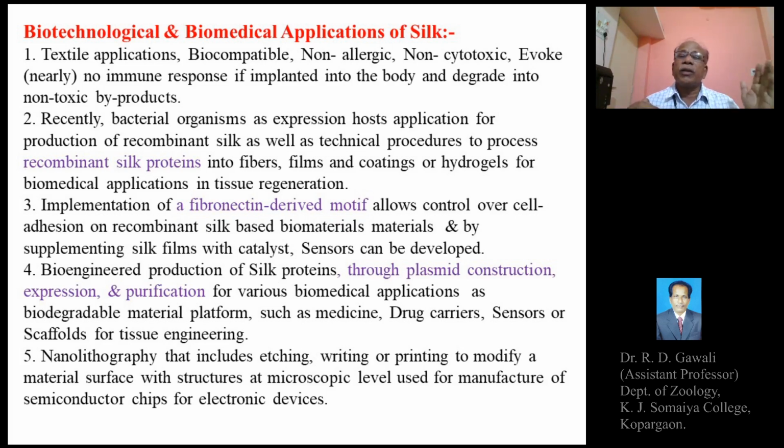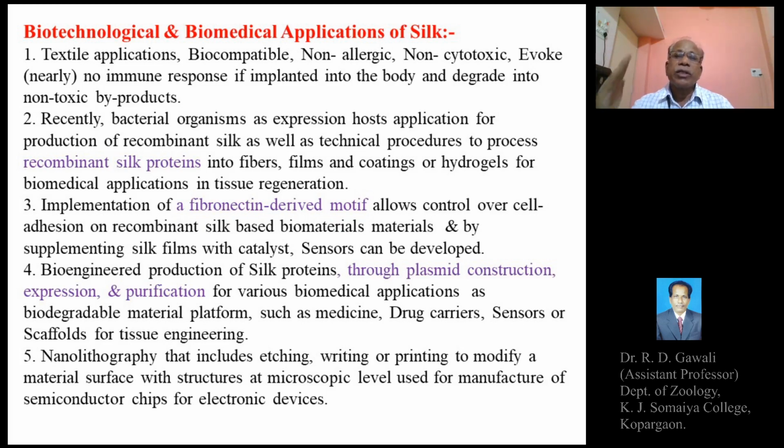or biotechnological applications. And as an example, the first example or procedure is the use of bacterial organisms. With the use of bacteria as an expression host, like a plasmid, we can produce a recombinant silk. Here we are using the genetic engineering technique or gene transfer technology so as to obtain the recombinant silk proteins.